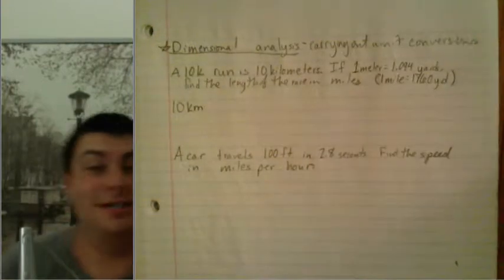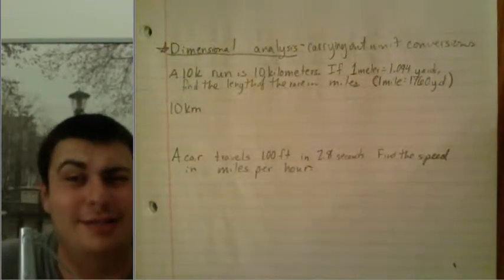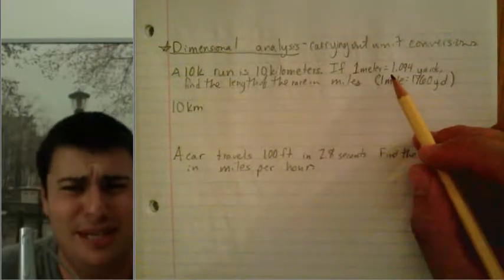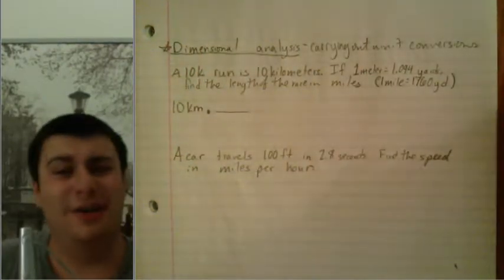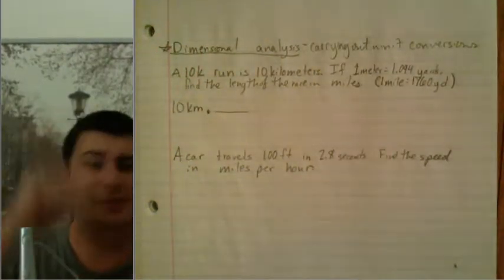So what we're going to do is start off by saying that we have 10 kilometers and we want to get to miles, but first we have this conversion of meters right here. You know how in multiplying fractions you can reduce diagonally?